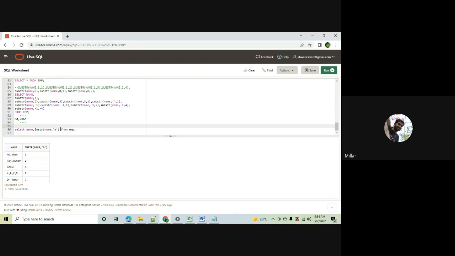See, here you can ask one question. Here it is showing two. First of all, explain to me why two is coming here. Because we are searching for character A, and A is present at both positions, but why only two is coming?